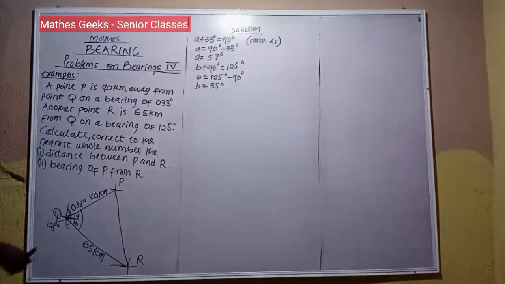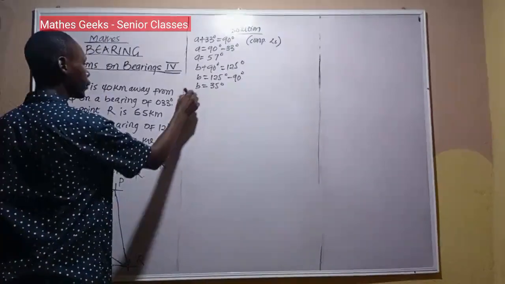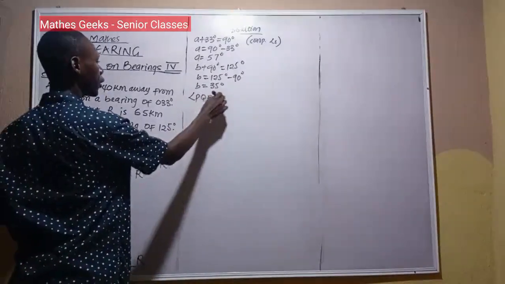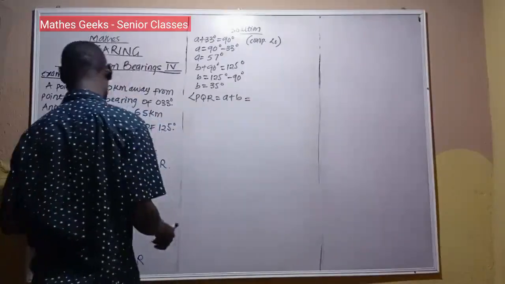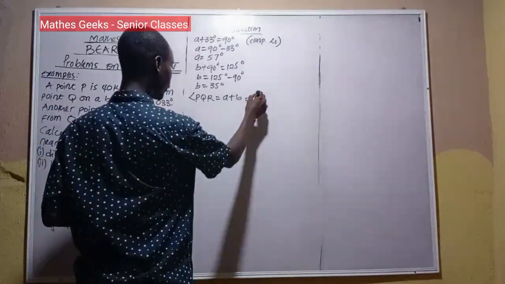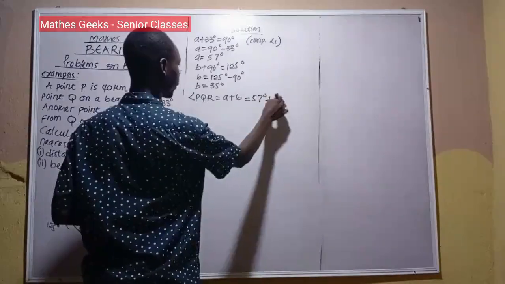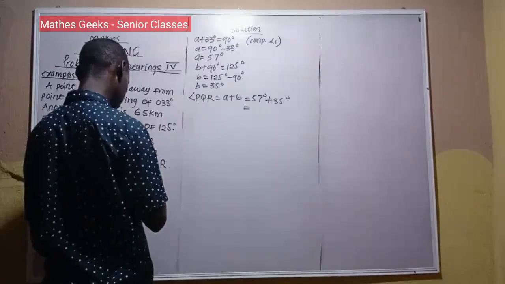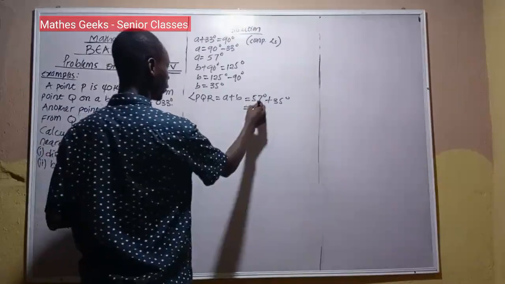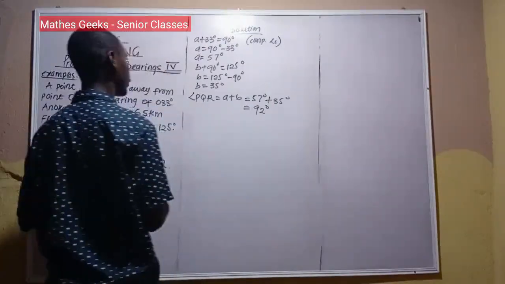Now to get this angle, angle PQR is equal to E plus B. E is 57 degrees and B is 35 degrees. 57 plus 35 is 92 degrees.